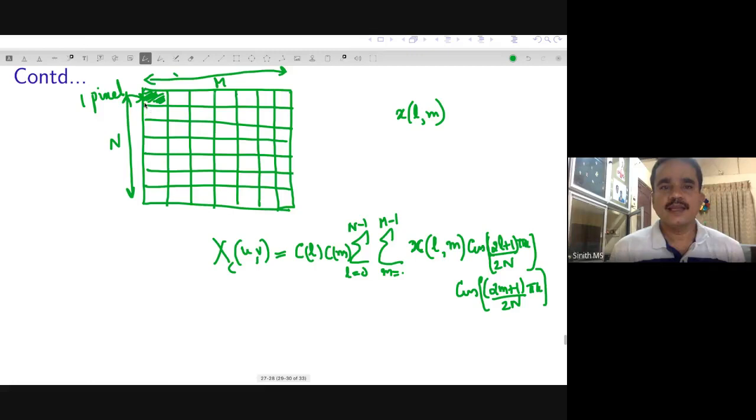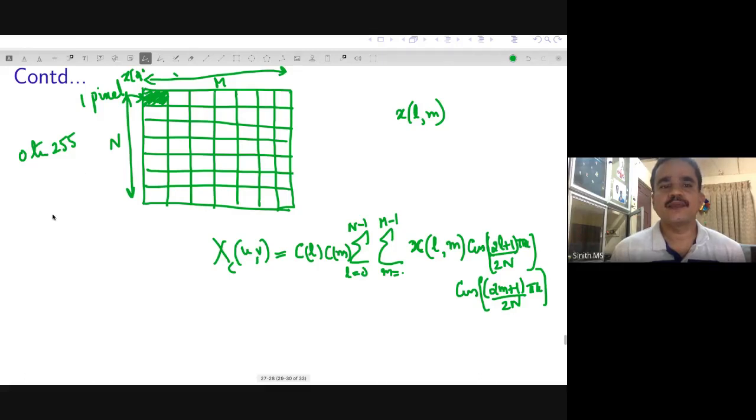So for each pixel, this is x00. You can substitute what the value of x00 is. This may have some value, say from 0 to 255 or something, depending on how many bits you have used.